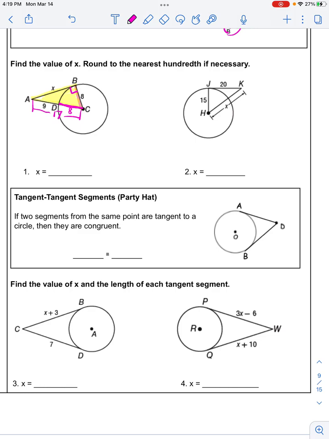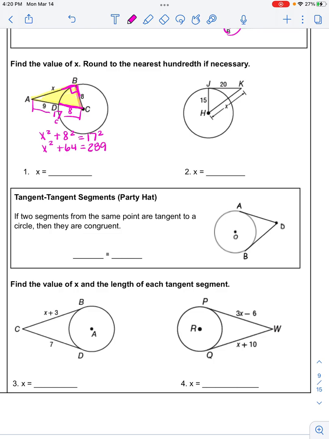Now I have two of three sides of my right triangle, which enables me to use Pythagorean theorem. The legs A and B form the right angle, which means that 17 is C, your hypotenuse. So we have x squared plus 8 squared is equal to 17 squared. When you do the math, you get x squared plus 64 is equal to 289.